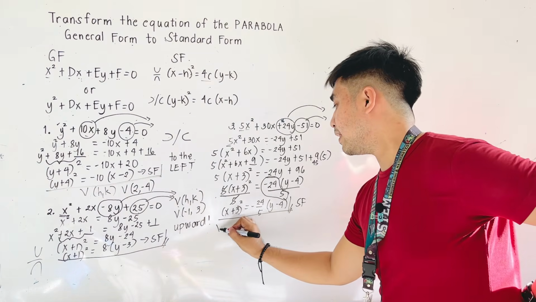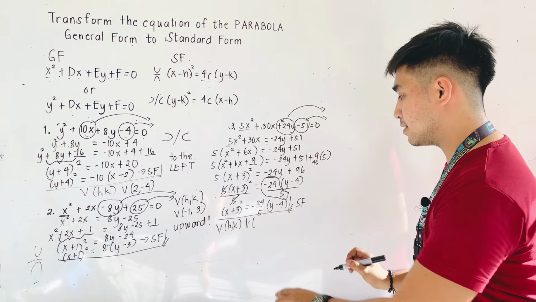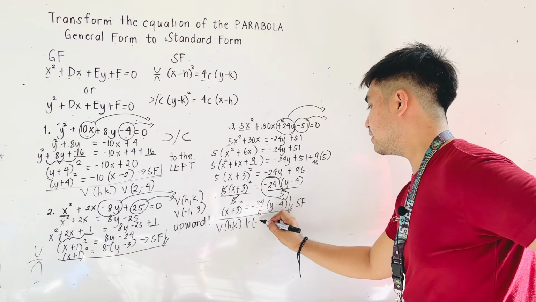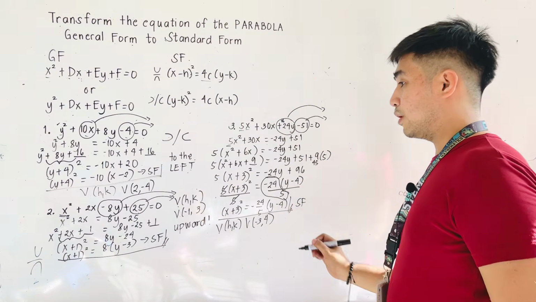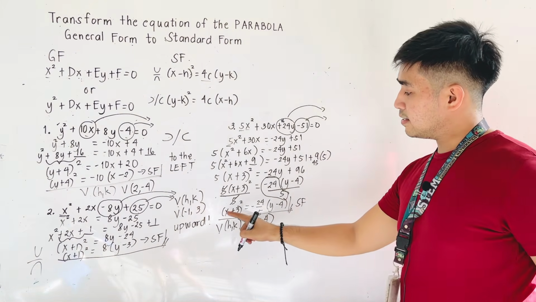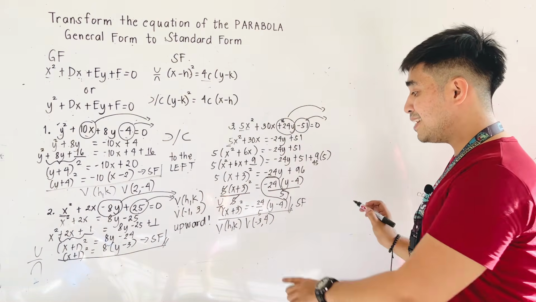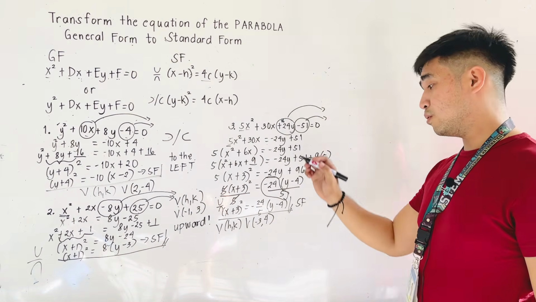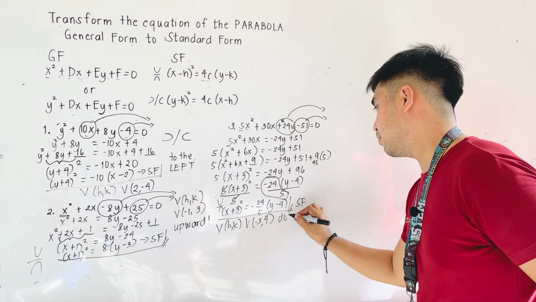But what is the vertex? That is located at h, k. Therefore, the vertex now, this is h, which is negative 3, and this is k, which is positive 4. But since this is x squared, we know that it will open up or down. Since the right side is negative, we know that this is opening downward.